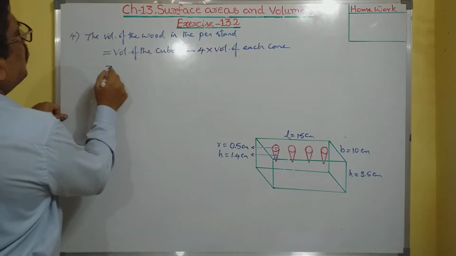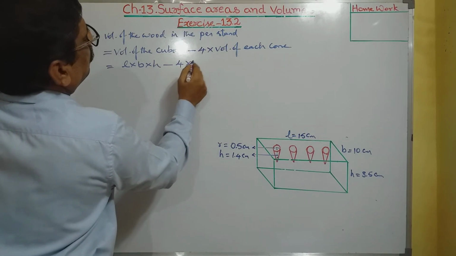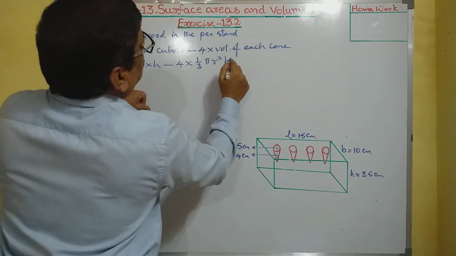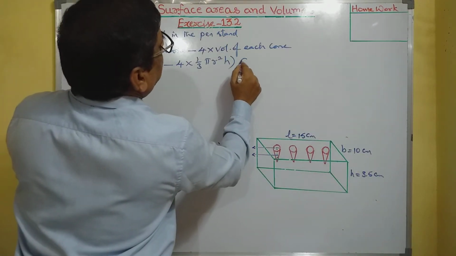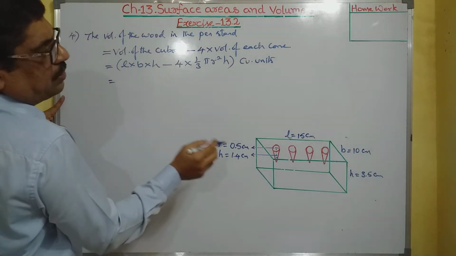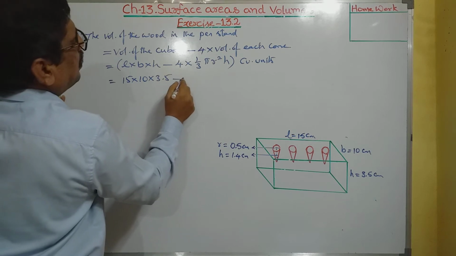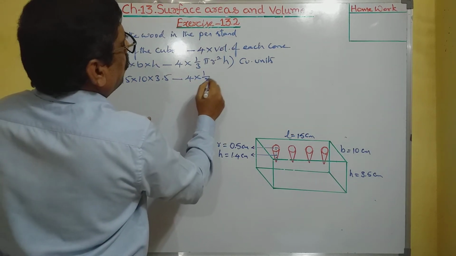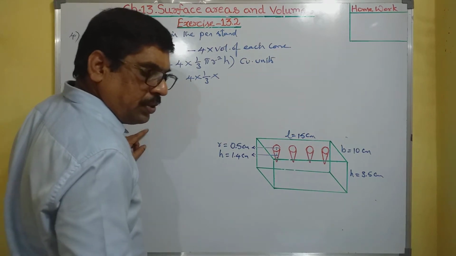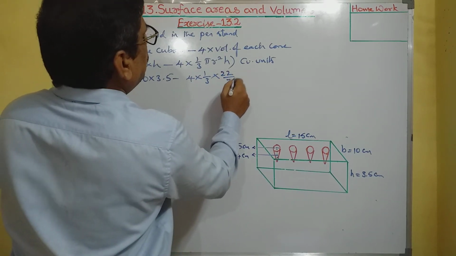Okay. So what is the volume of a cuboid formula? L into B into H minus 4 into volume of each cone formula 1 by 3 pi r square H. So this is volume. So we can write cubic units. Okay. Now what are the length, breadth, height? 15 into 10 into 3.5 minus 4 into 1 by 3 into, here pi value is not given, so let us take it as 22 by 7 into r square.